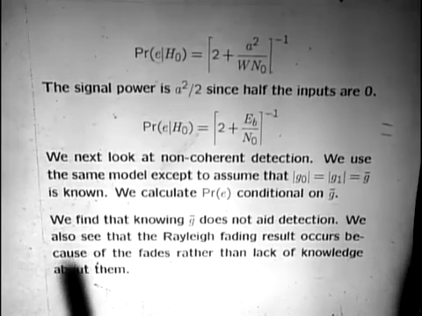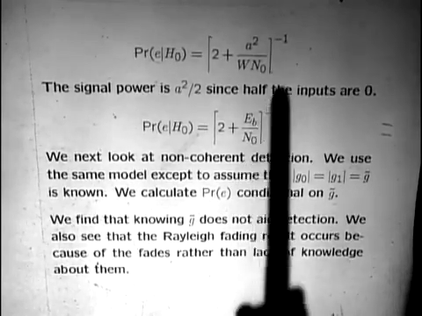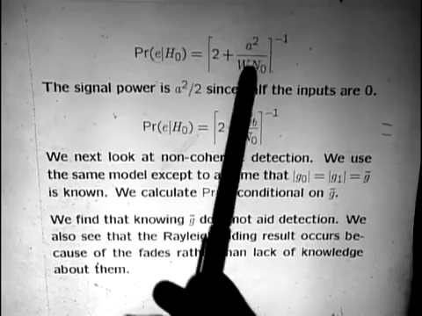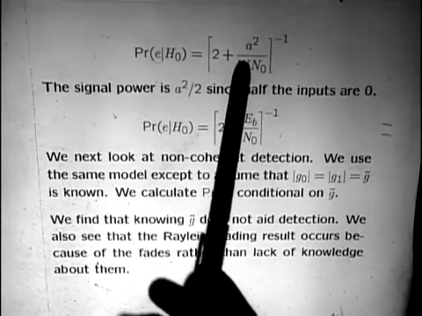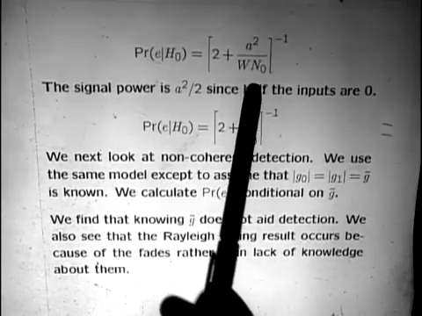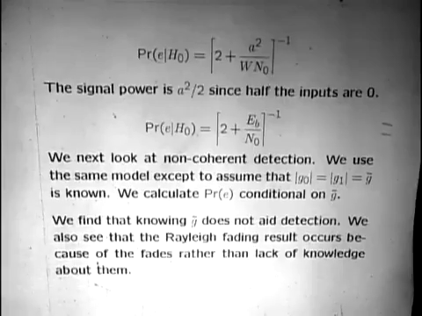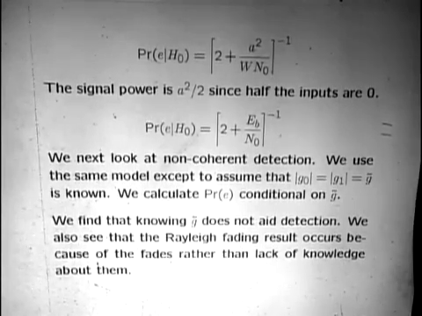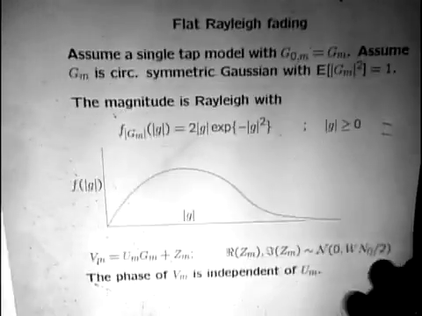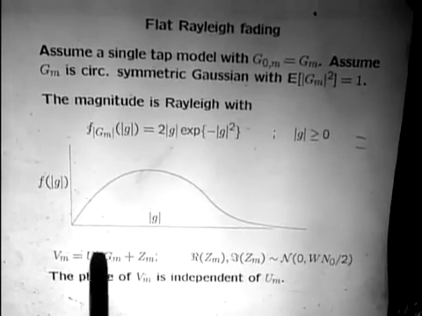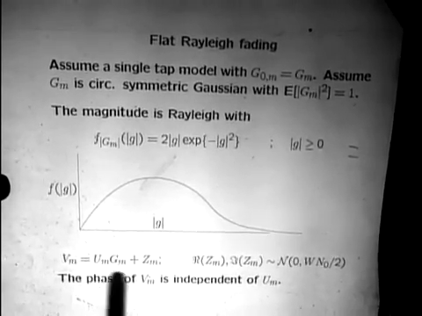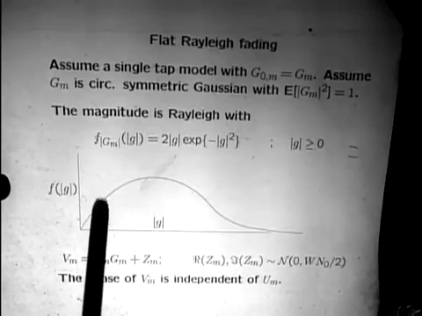Okay, that is really an awful result, because that says that as you increase the energy that you're using, the probability of error goes down very, very slowly. And if you look at this picture and think about it a little bit, it should be clear that that's the only thing that can happen. Because if you increase a squared a little bit, it's not going to save you much here.